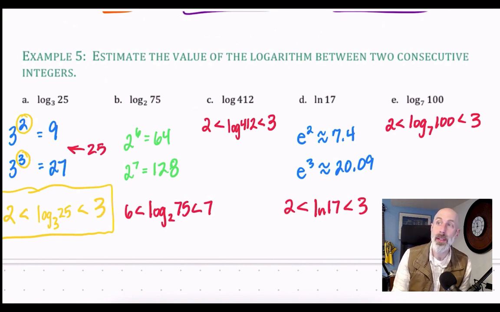But focusing in on D, if you don't know your powers of e approximately, I totally understand. I did probably grab a calculator just to make sure I had the right decimal values, but e squared is about 7.4 and e cubed is about 20.1, so 17 is between those two. The natural log of 17 is between 2 and 3.